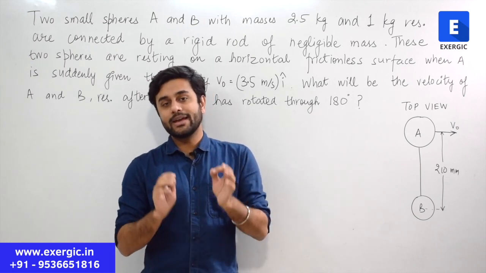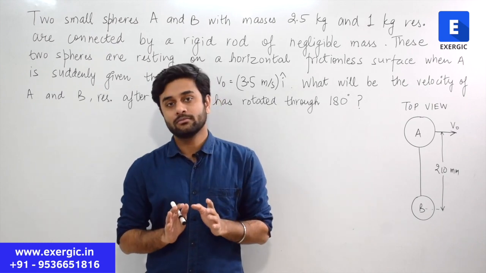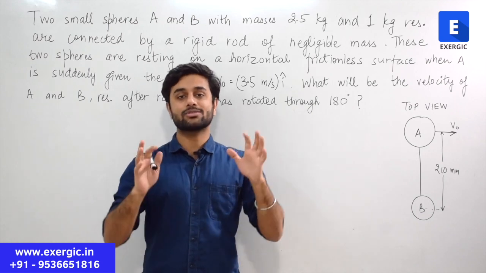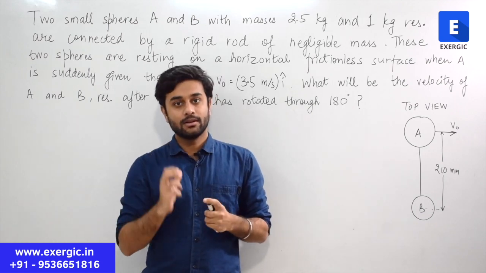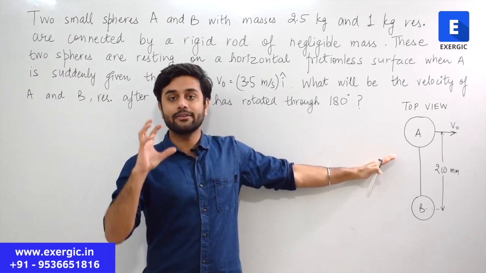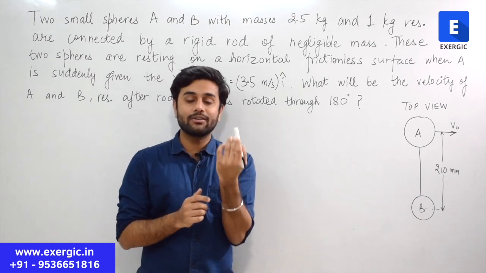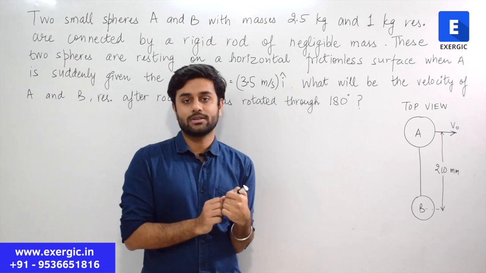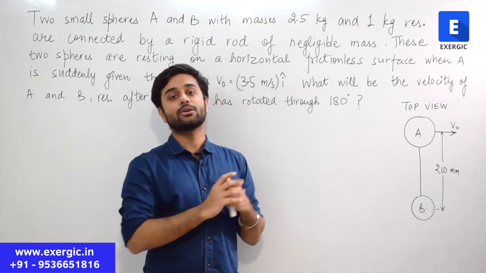Look, it is very important for you to firstly understand the motion. Don't just try to start solving the question without properly understanding everything. This is the initial condition when A was given a velocity, and after it rotated 180 degrees, it is asking you the velocity. So how is it going to rotate? How is the motion going to happen?